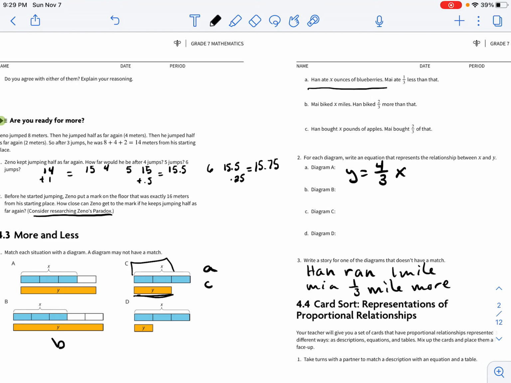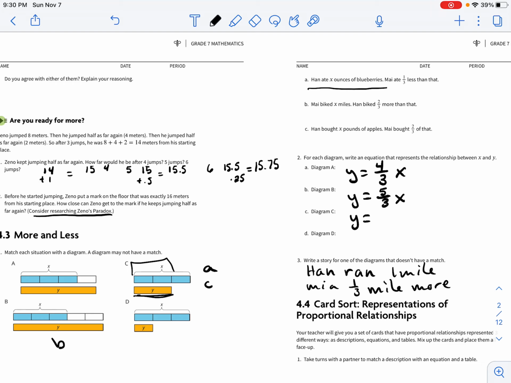Diagram B, so y equals 5/3 x. And so you'll notice the constant of proportionality, or my multiple, is just the number of sections that make up y.